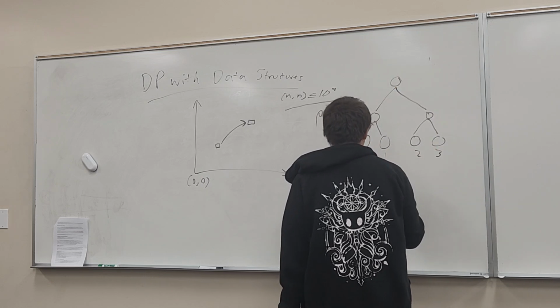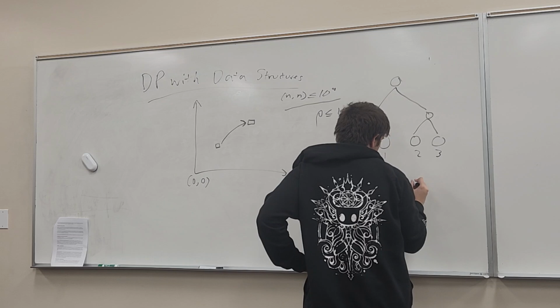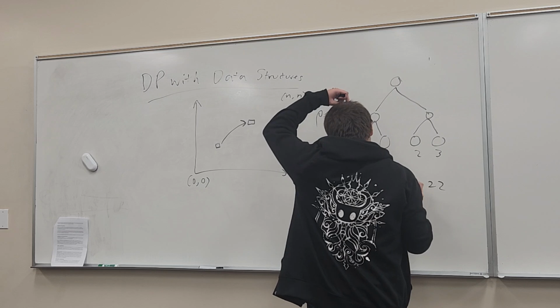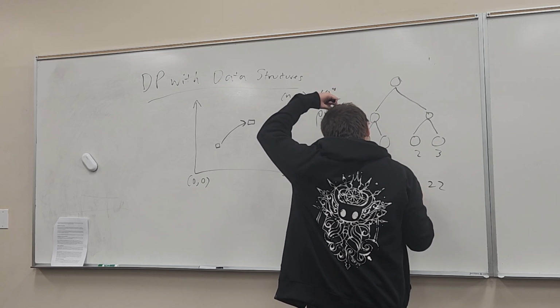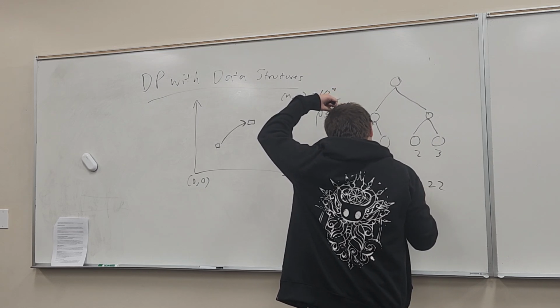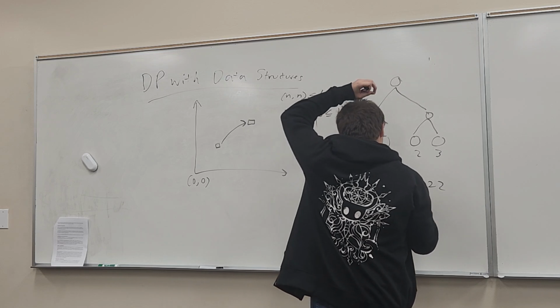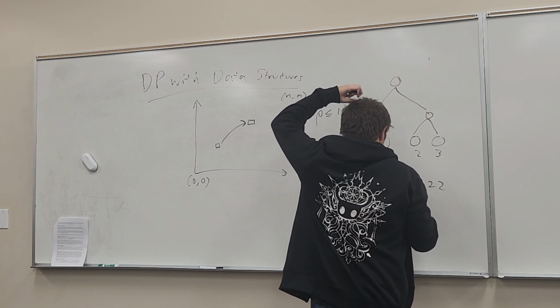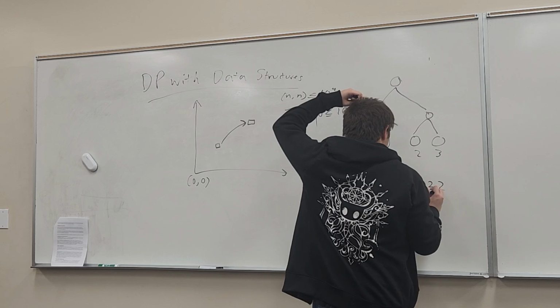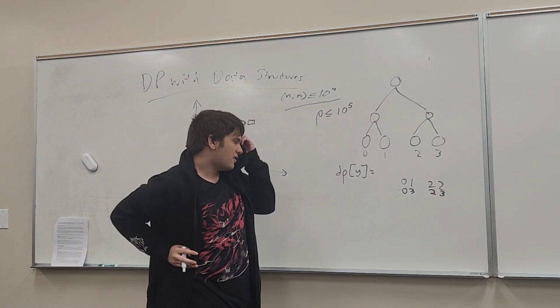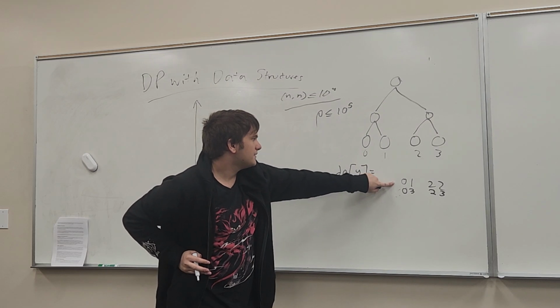Let's say we have this set of springboards: 0, 1, 2, 2, 2, and 0, 3, 2, 2, 3. The first one we're going to process is this one.